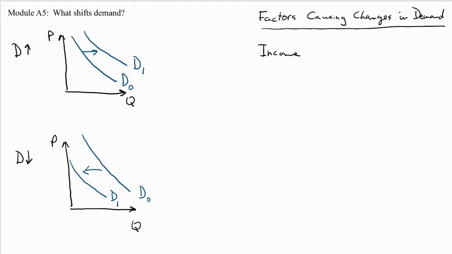Secondly, the prices of related goods must be important. So related goods we refer to as substitutes and complements. When the prices of these goods change, this causes economic demand to change.